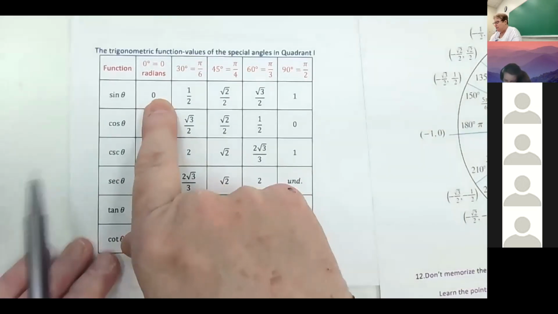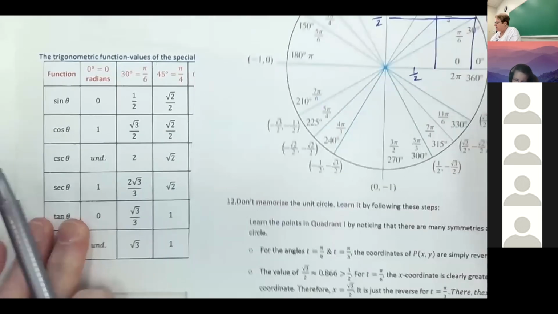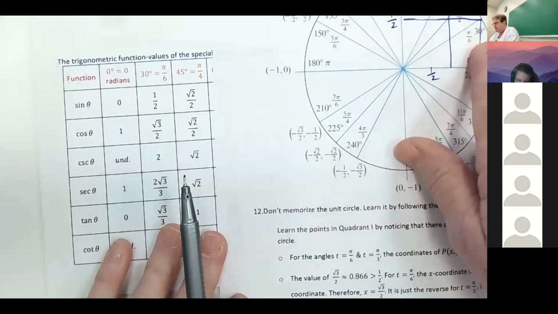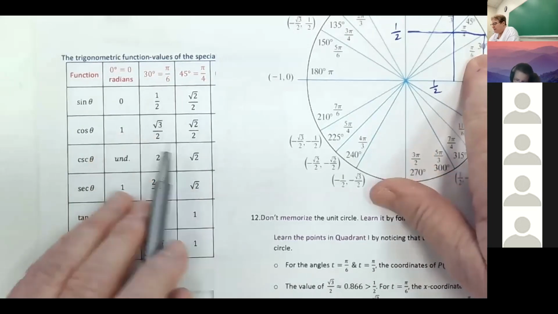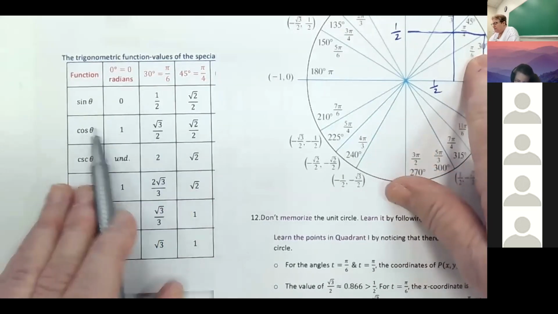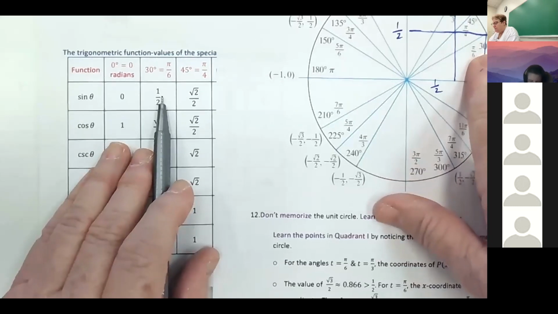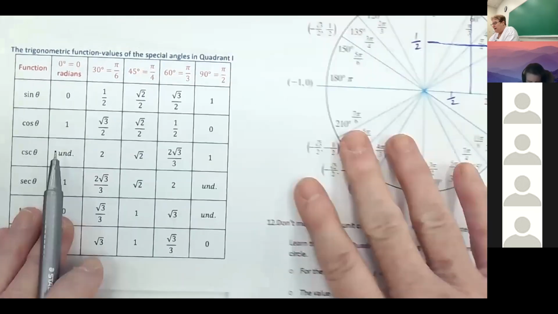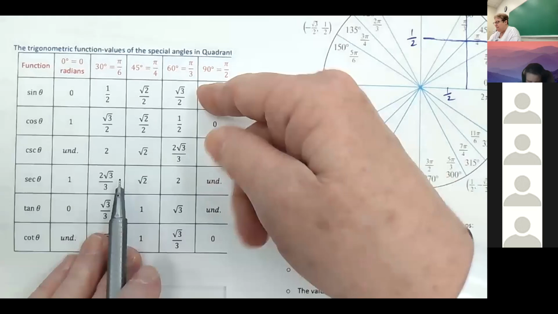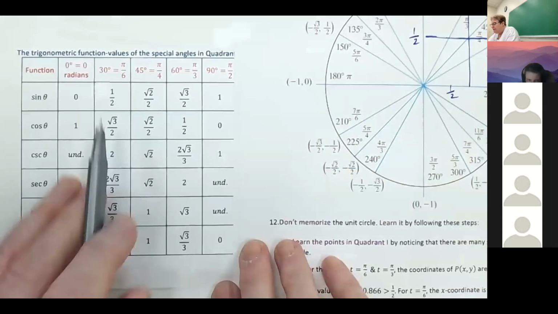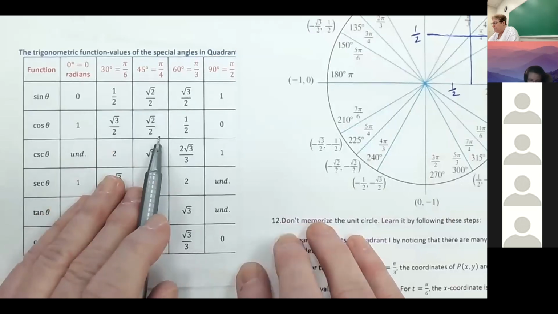Then if we keep going around the unit circle, the first point we get to is 30 degrees or pi over 6. There the cosine, which comes first, is square root of 3 over 2. The sine is 1/2. And at pi over 3 or 60 degrees, they reverse. At 45 degrees or pi over 4, they're both square root of 2 over 2.